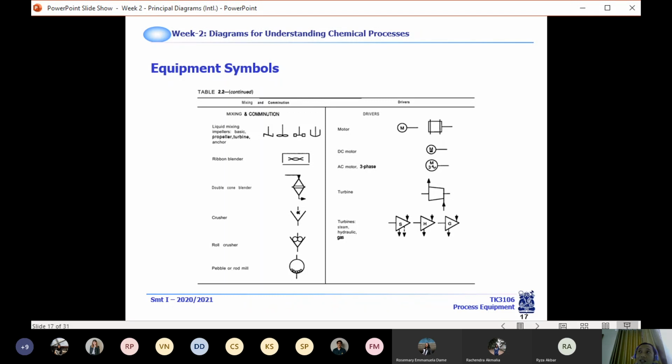A driver in a chemical process is usually used to make rotating equipment move. For example, to move the pump, you need electricity, so you will use an electrical driver to rotate the pump. But electricity is not the only option to operate your pump or rotate its blade.